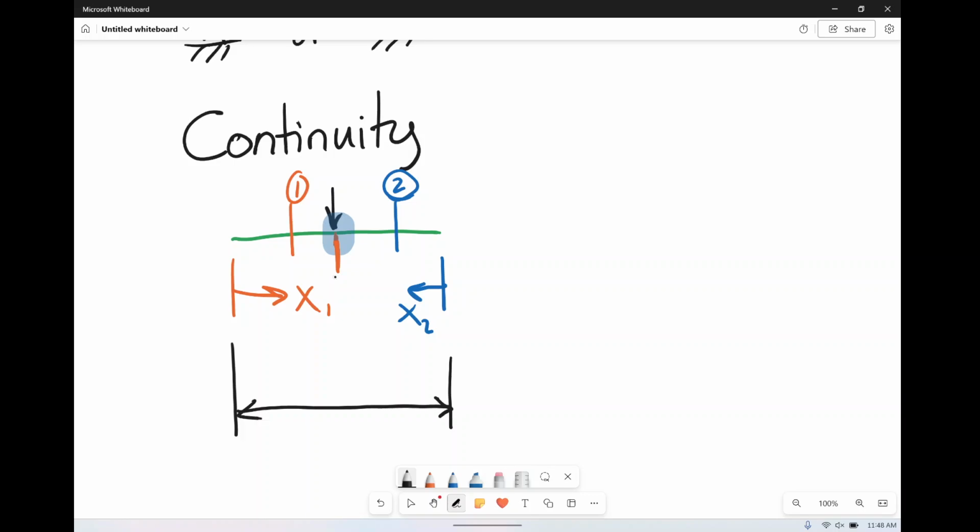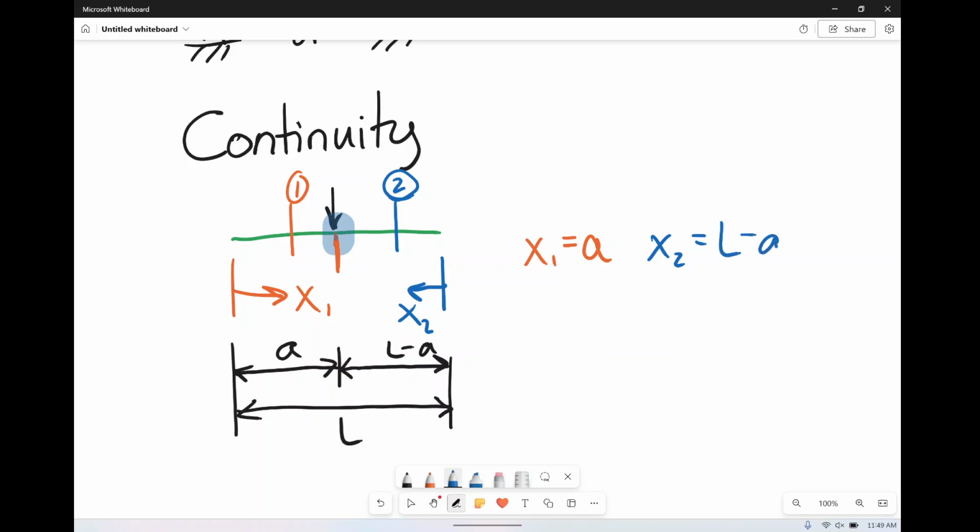Let's say that this is L, the length, and at this spot, I'm going to call it a distance of A, just because I don't want to just use x here. And then the other direction is L minus A. So effectively, when x1 is equal to A and x2 is equal to L minus A, that's the same spot.